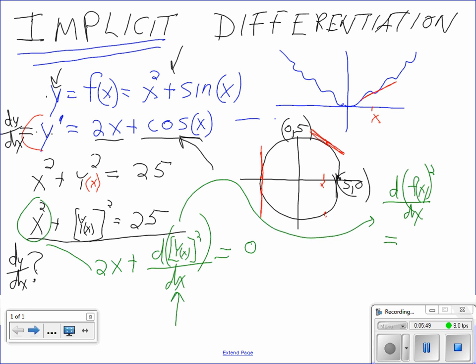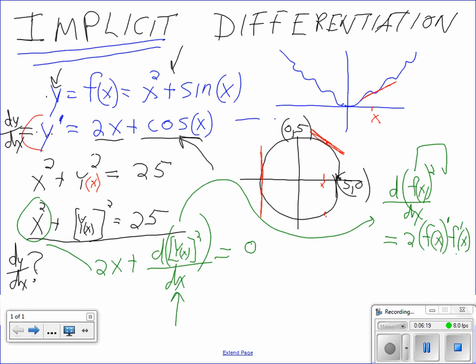You'd say, well, the derivative of the outside function, x squared, is 2 times f of x to the first power. Then I have to multiply that by the derivative of the inside, which is f prime of x. That's the chain rule.